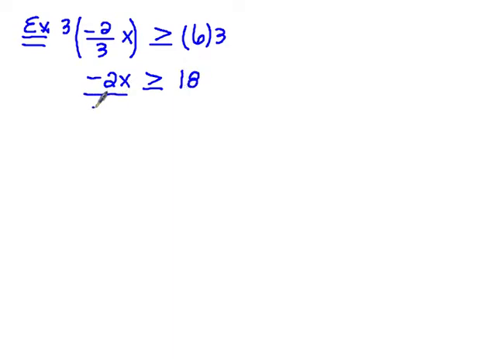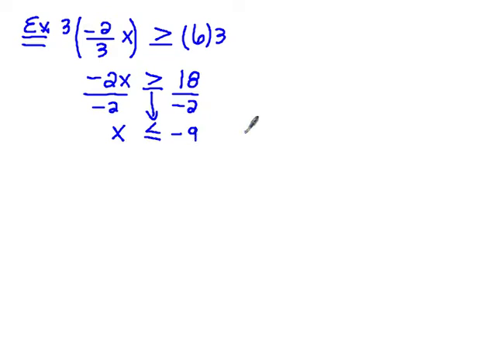Then I'm going to divide both sides by negative 2. And because I divided by a negative, that inequality sign flips. And 18 divided by negative 2 is going to be negative 9.